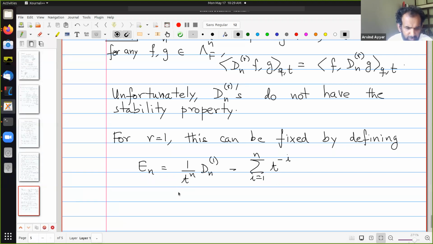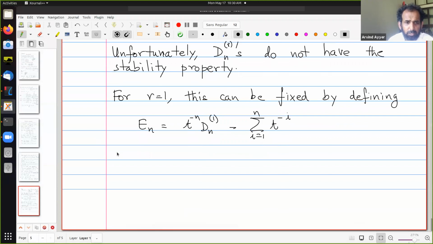So if you like, I'll put t to the minus n. So this is just some multiplication term. All it does is it takes care of this problem with stability.